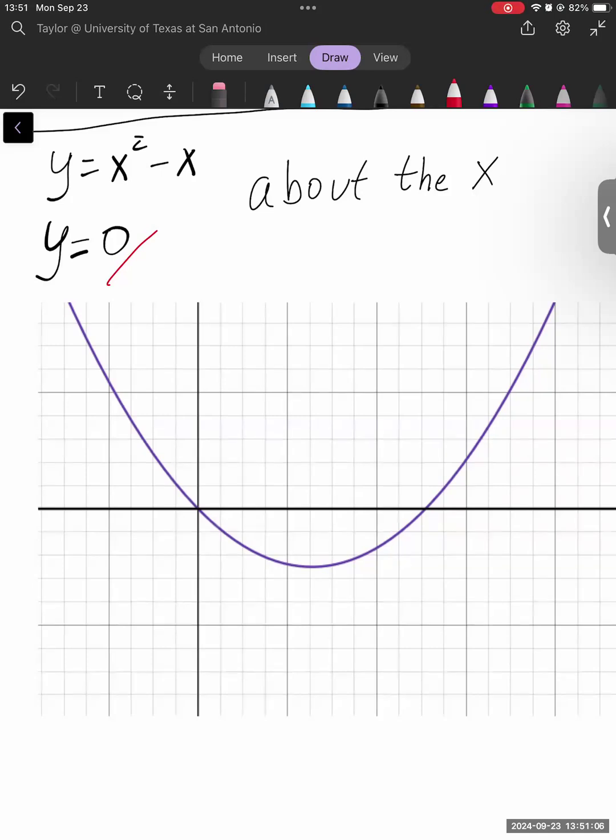Okay, so this is a shell method example. And so we're asked to find this little bit, and then it forms a cylinder. I'm going to try to draw this nice and clean. And then we're going to get a bigger shell here, and a bigger shell here. I'm going to draw 3. Hopefully it doesn't get too messy.